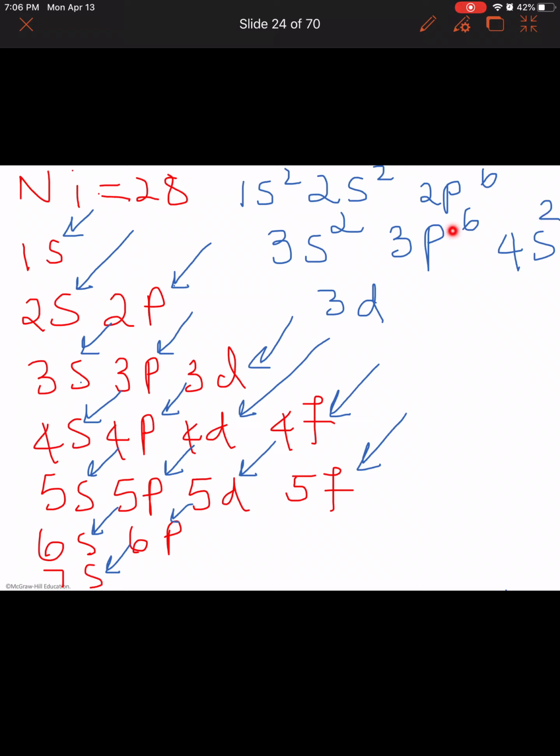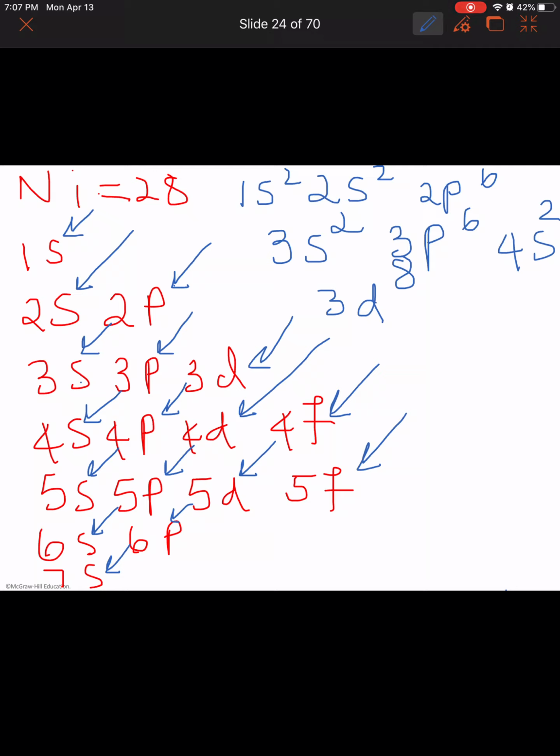And nickel is 28. So we need 8 electrons in the d orbital. So the complete electron configuration for nickel would be, we're not going to put d maximum 10 because we only need 8 to make it 28. So the 3d will fill up to 8, 3d8. That would be the complete electron configuration for nickel.